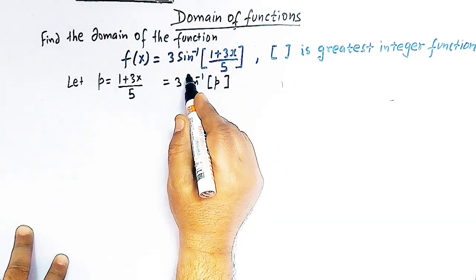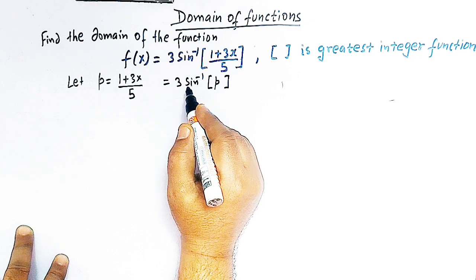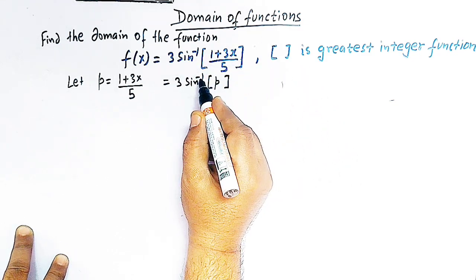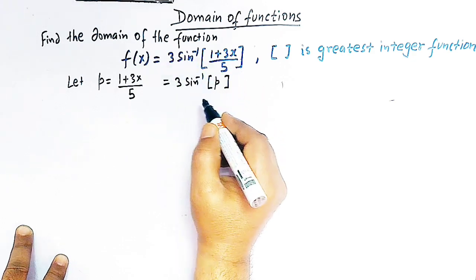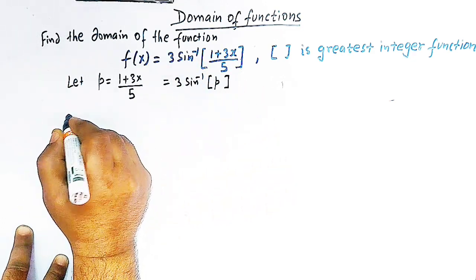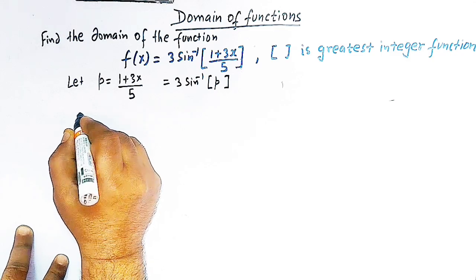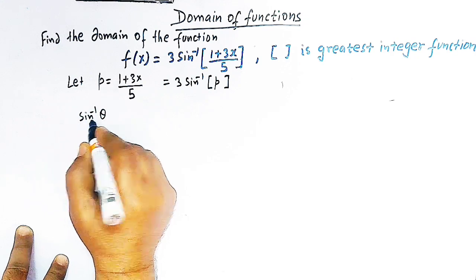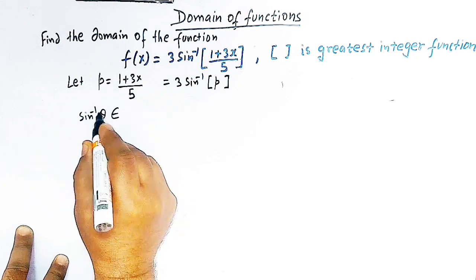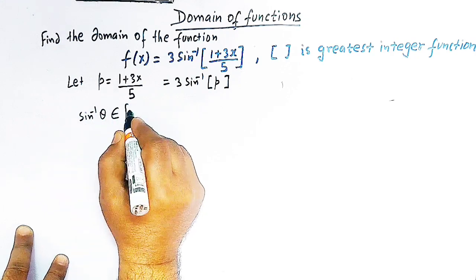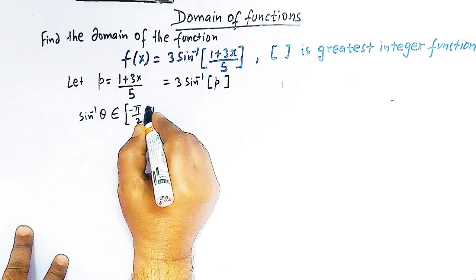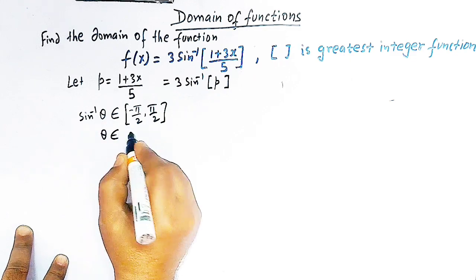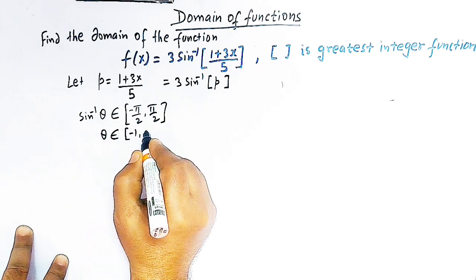Now see, here we have the inverse sine function, so we'll first apply the domain of the sine inverse function. From inverse trigonometric functions, if we have sine inverse theta, then the principal value branch lies in the interval minus pi by 2 to pi by 2, provided theta belongs to the interval minus 1 to 1.